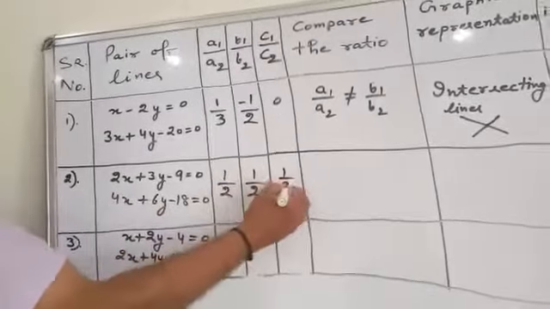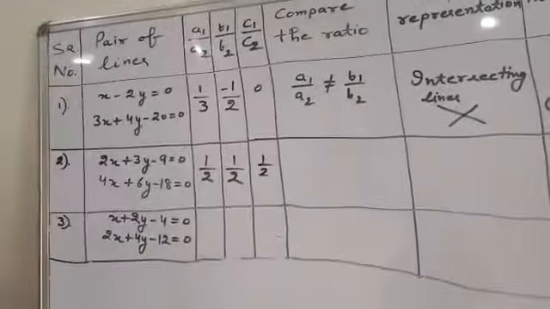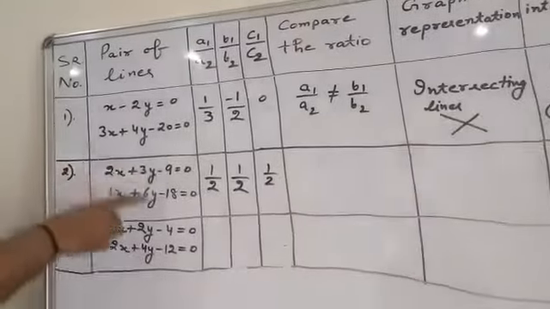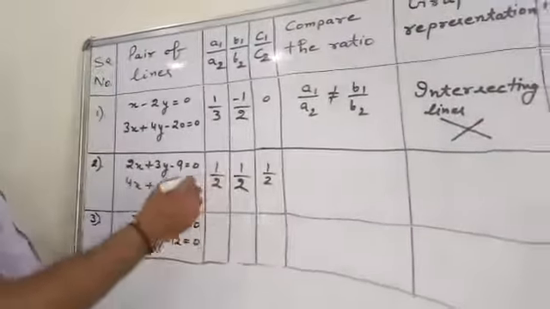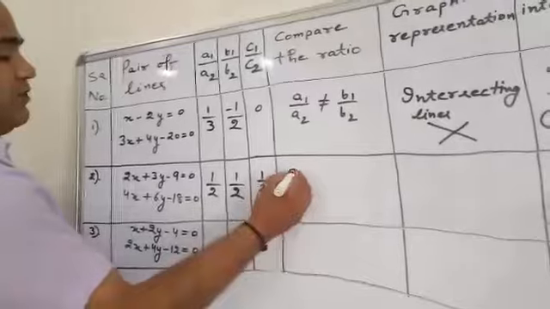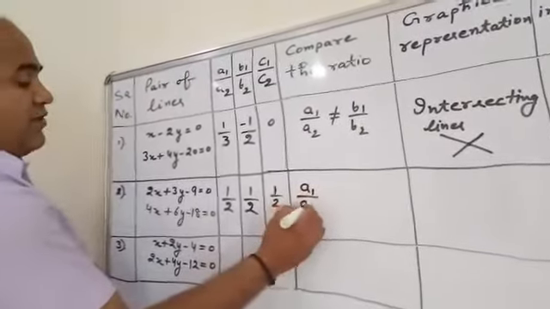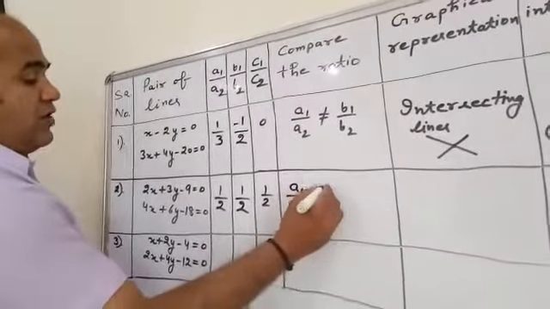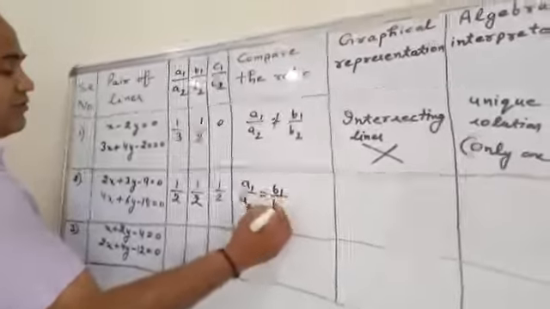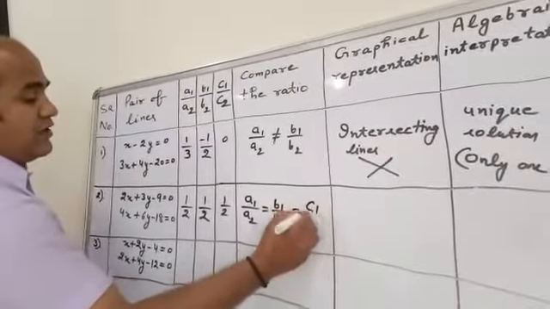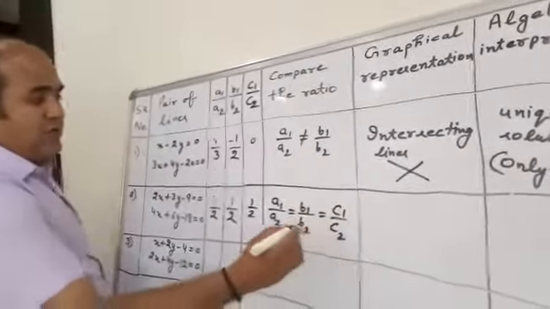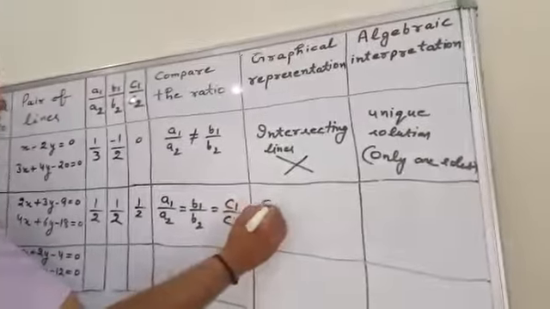Why 1 by 2? Minus cancels with minus. 9 by 18 means 1 by 2. Means all three ratios become equal: a1 by a2 equal to b1 by b2 equal to c1 by c2. Means coincident lines.